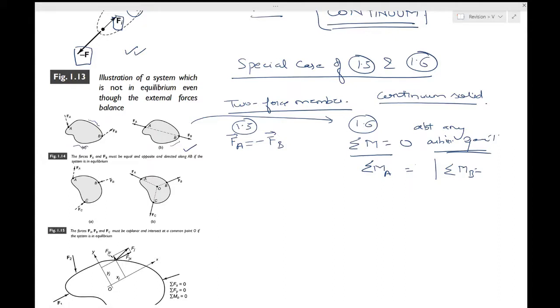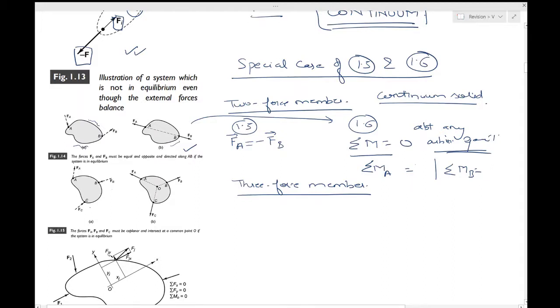Similarly, consider a three-force member. In figure 1.15, you have a system which is in equilibrium, and there are three external forces acting at A, B, and C, as you have seen.